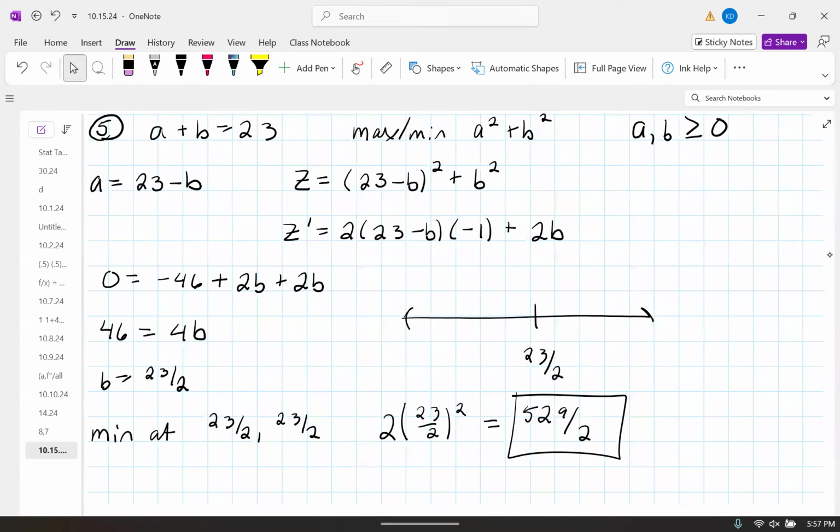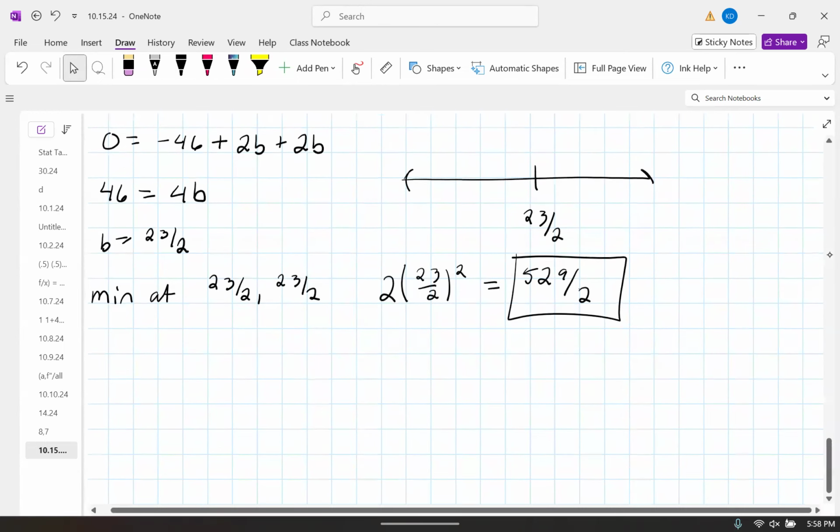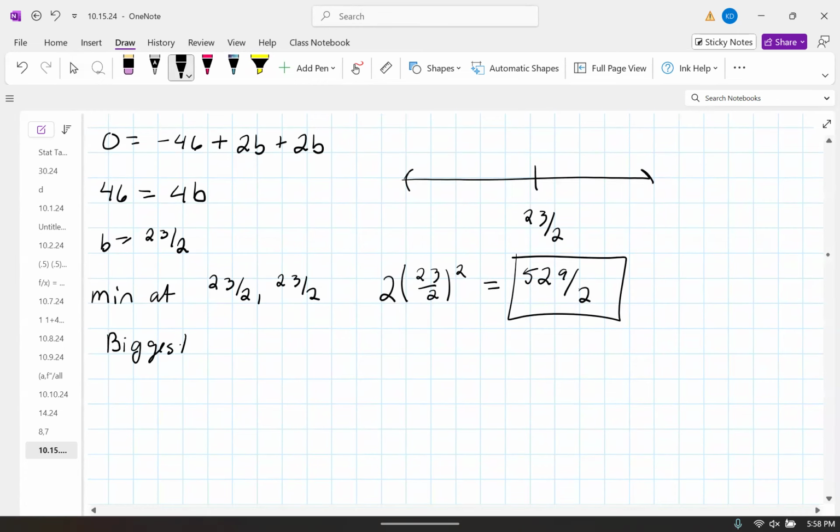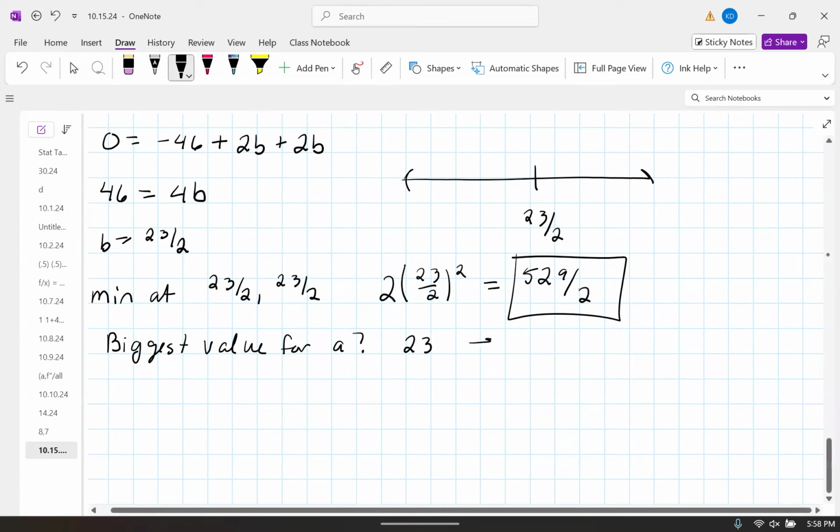So what does 23 squared give us? Okay, so the biggest value I can get for that is 23. So A squared plus B squared equals 529.